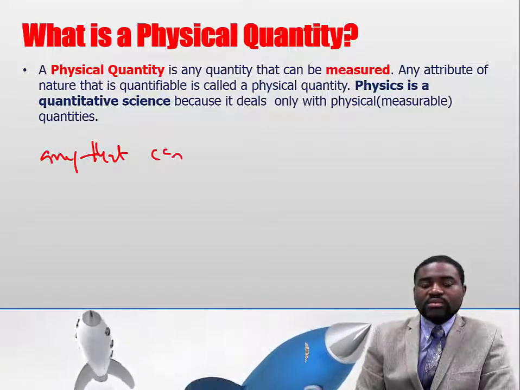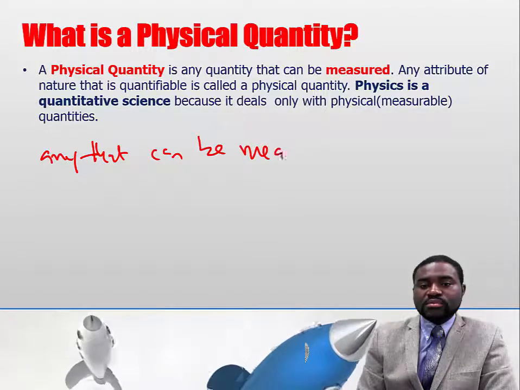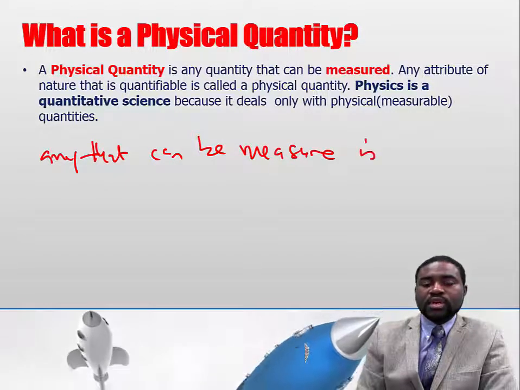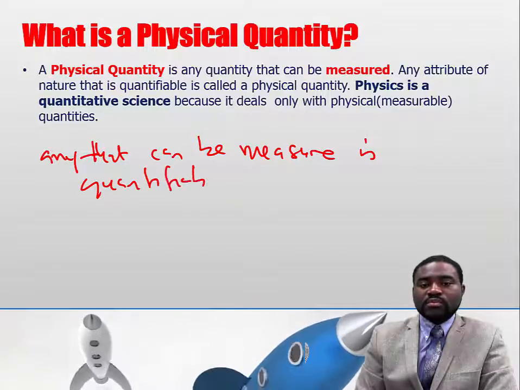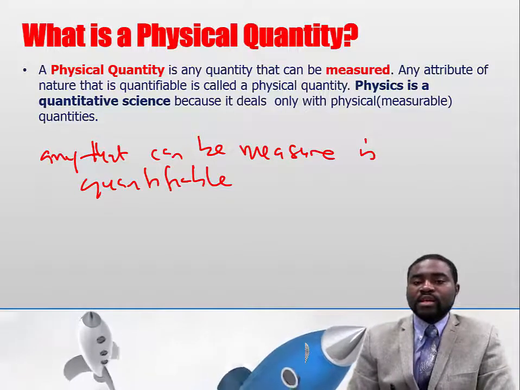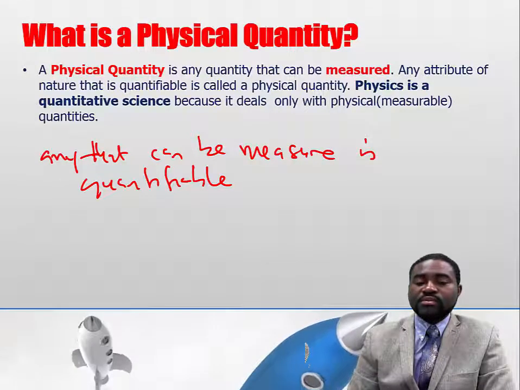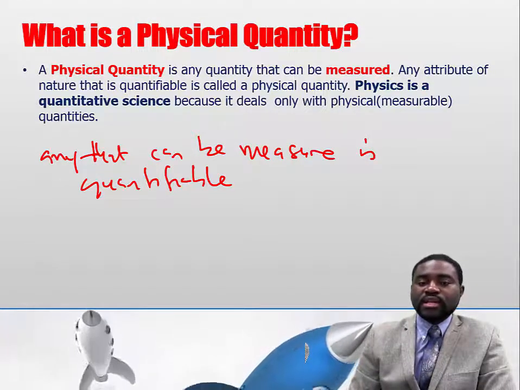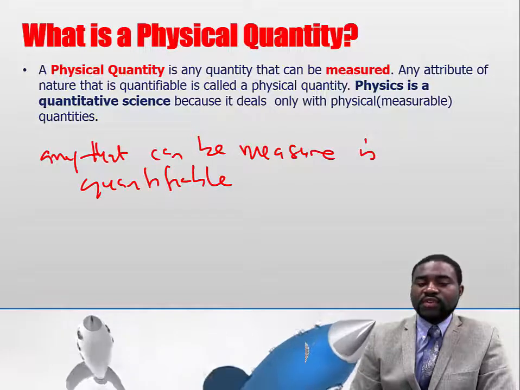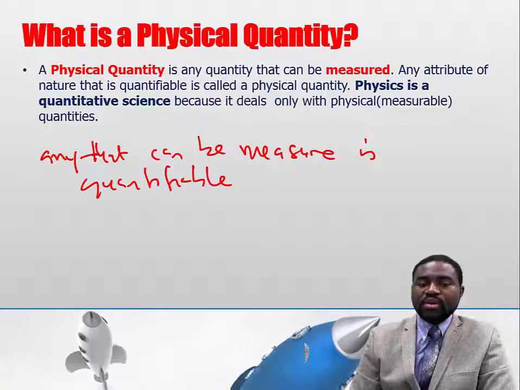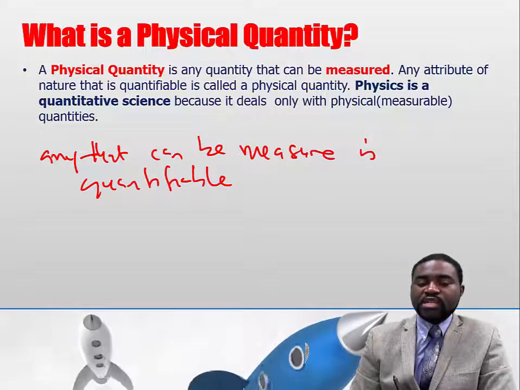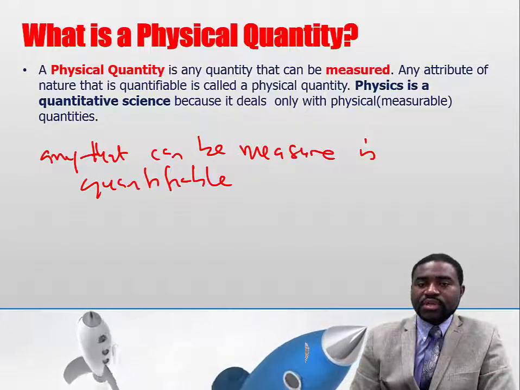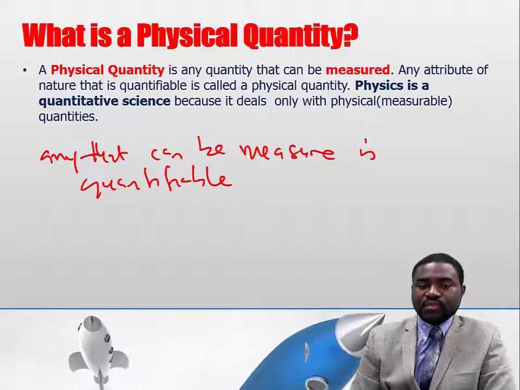And anything that can be measured is a physical quantity. Therefore, a physical quantity is any attribute of nature that can be measured.